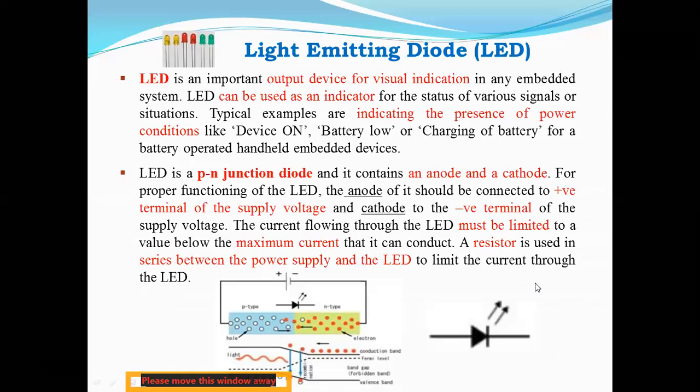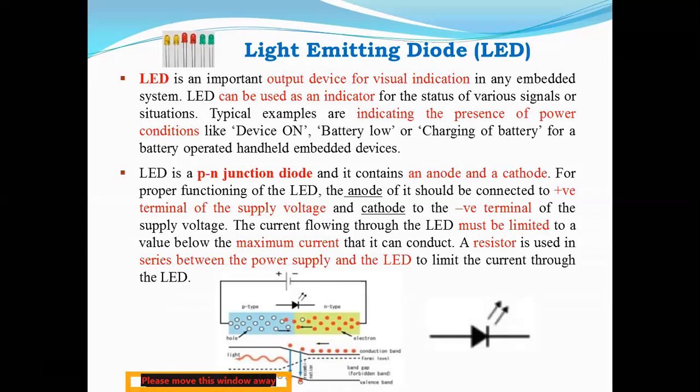So the light emitting diode is acting as an actuator, right? The best example can be given when you go to an ATM machine. Yes. So what happens when you try to insert the card? What happens if you have not inserted the card properly? A green light will be indicated on the screen, and it will also display that the card is not inserted properly, and that green light will also start blinking there.